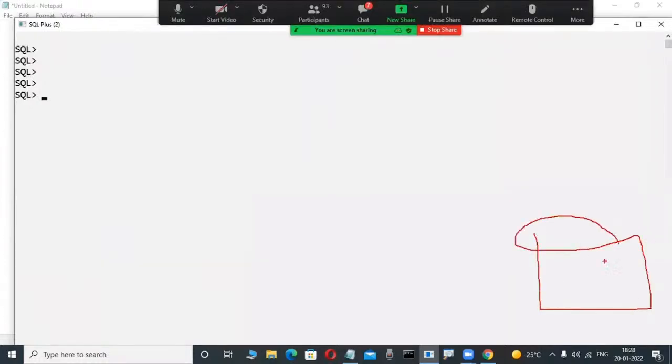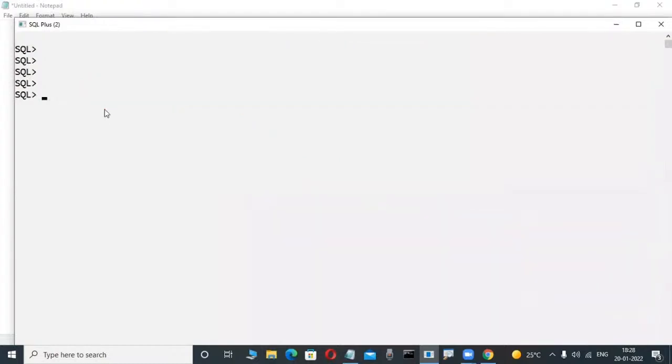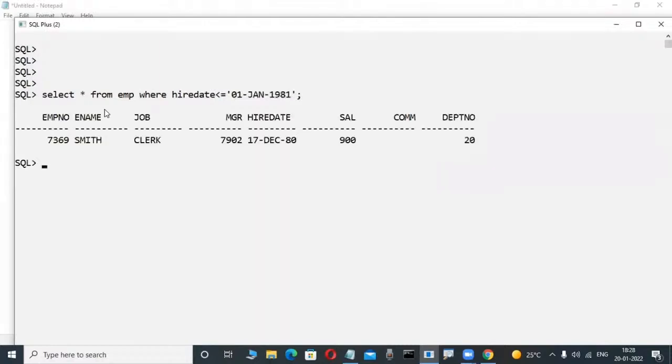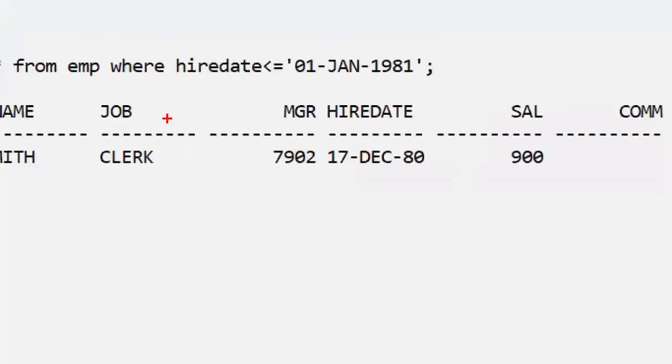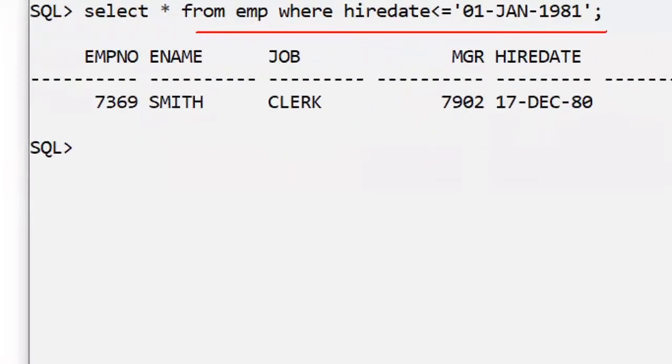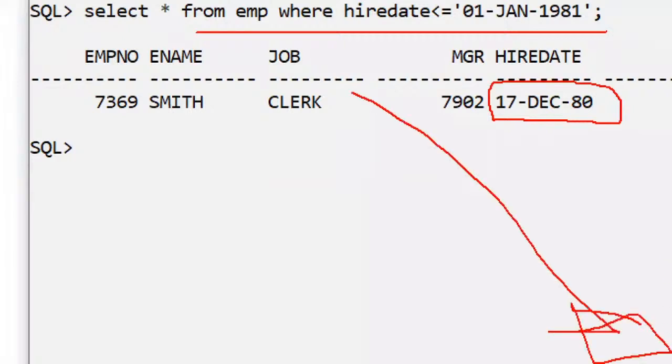Here, your SQL programmer just writes queries. These are called queries. Select star from table name where hire date is less than or equal to 1st January 1981. Just by writing the query, the data is automatically displayed. With a single line of code, the employees who joined before 1981 are automatically retrieved from the database.